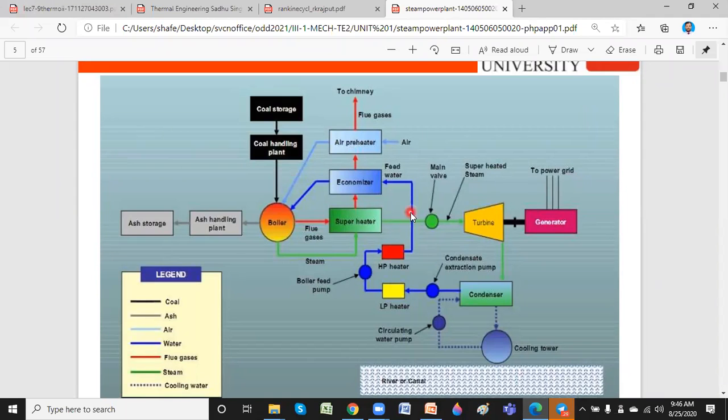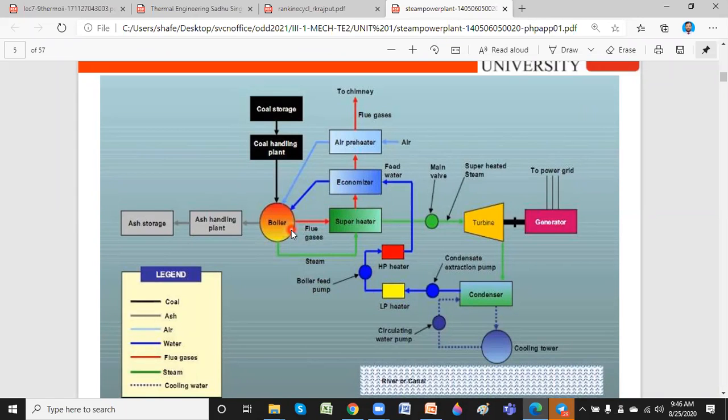Now please remember, for all our problems based upon the vapor cycle or steam power cycle, I need four components. One is boiler, turbine, then you have condenser, and finally feed pump. Sir, why are you considering only four components here?